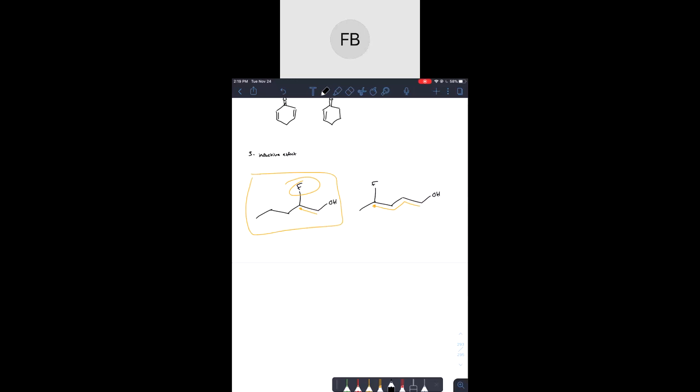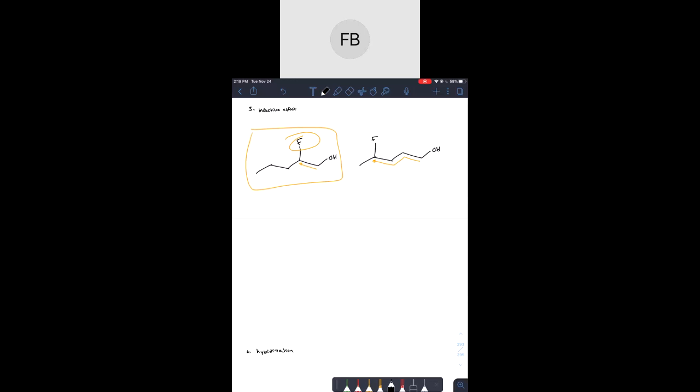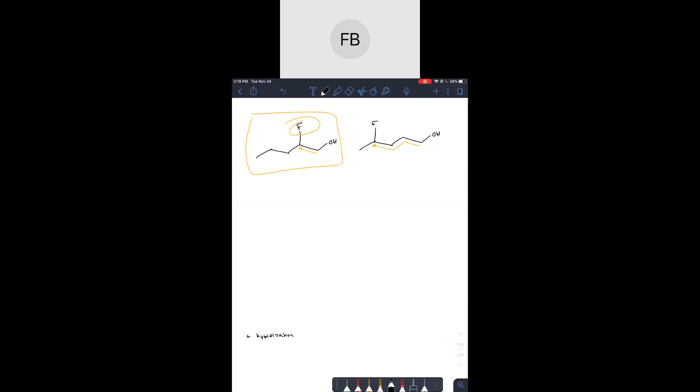So that's one example he'll ask you. Sometimes it'll be about distance: is that electronegative atom closer or farther away from the OH, or the SH, whatever you want to have it be.